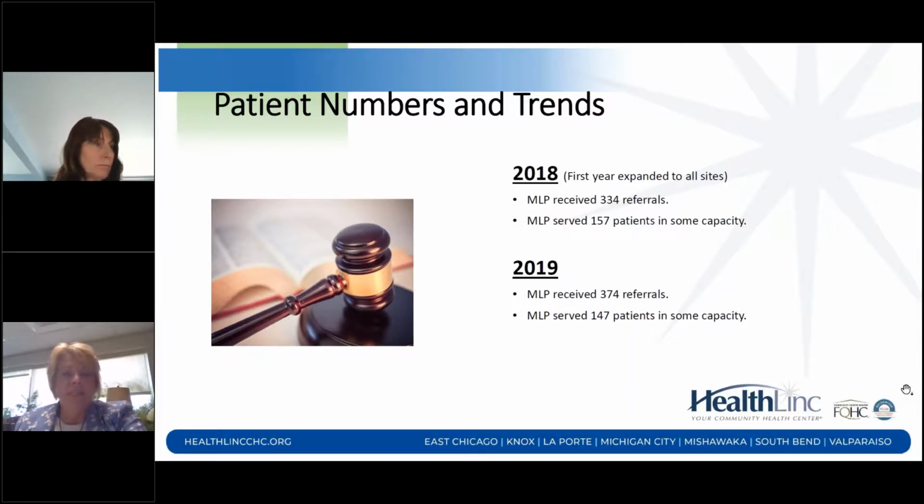They have a whole division that handles only immigration. But we were able to serve 157 patients in 2018, and then last year it looks like a drop, but it's just that we got more referrals, and we were able to handle about 147 patients in some capacity. Next slide.